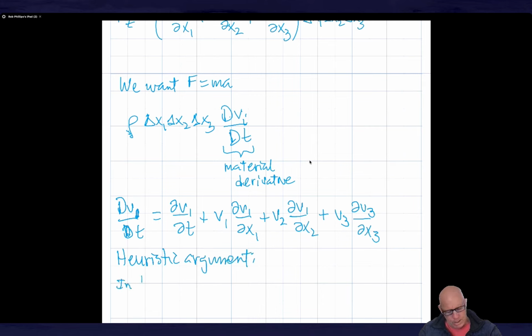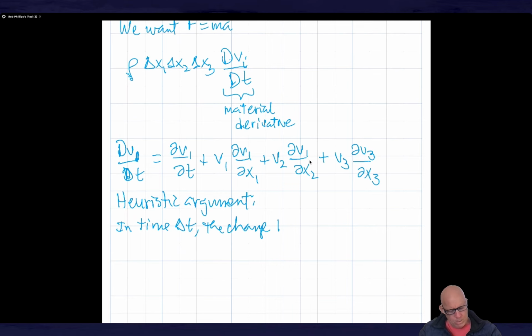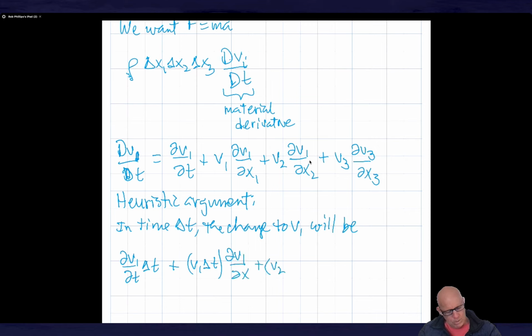In the time delta t, the change to v1 will be equal to dv1 by dt times delta t, plus v1 delta t times dv1 by dx1, plus v2 delta t times dv1 by dx2, plus v3 delta t times dv1 by dx3.